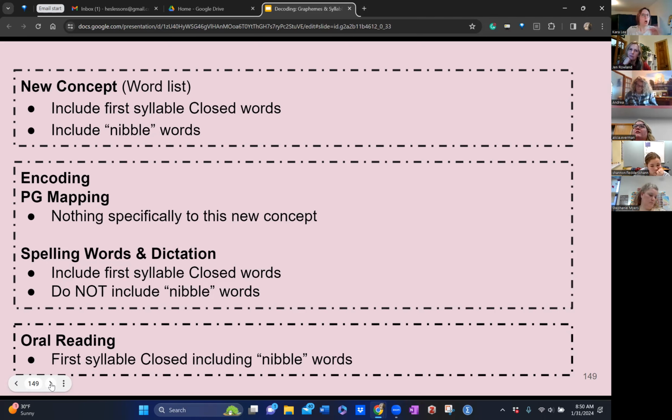And no nibble words in spelling or dictation. And then in oral reading, of course, you can include any closed first syllable consonant LE words, and you can include nibble words. Remember, they can read nibble words. We're just holding off on spelling them.